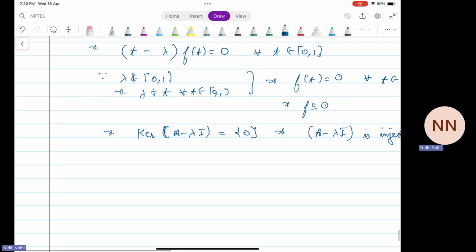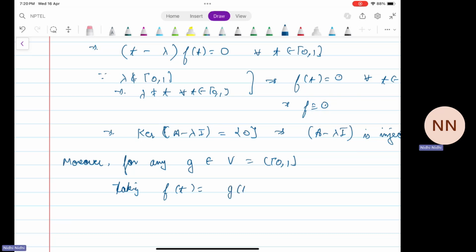Moreover, for any g in V, C[0,1], taking f(t) to be equal to g(t) by lambda minus t for every t belonging to closed interval 0 to 1.